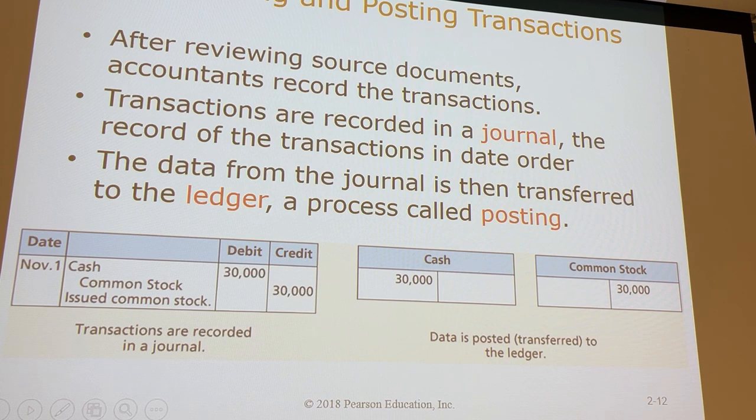So to summarize, the big difference between the journal and the ledger is that the journal is strictly chronological. The ledger is organized by account, and therefore we would use the ledger to determine what the balance is in each one of our accounts when we get to the end of the accounting period.